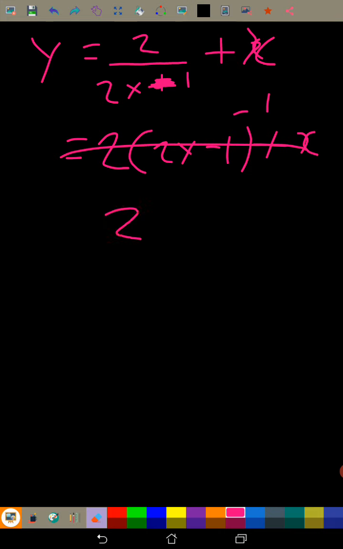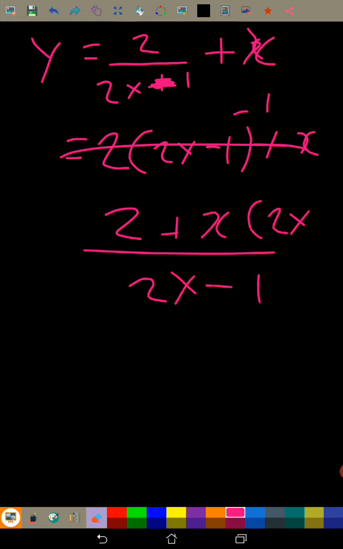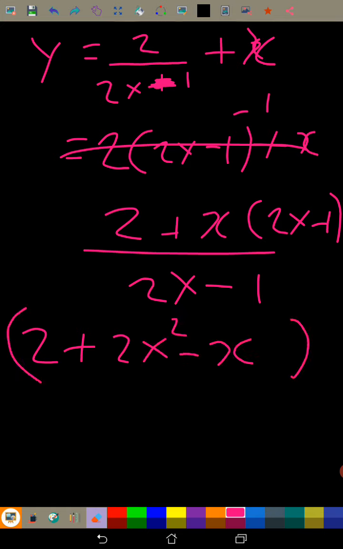We can put both on the same denominator. 2 plus x times 2x minus 1. So we'll have 2 plus 2x squared minus x, yeah, that's a quadratic divided by 2x minus 1. This looks like a quotient rule case to differentiate, you know.